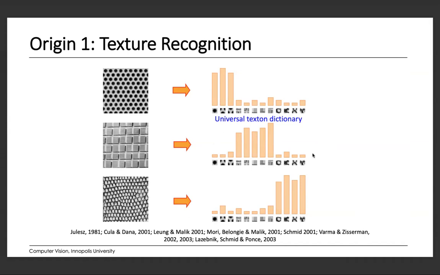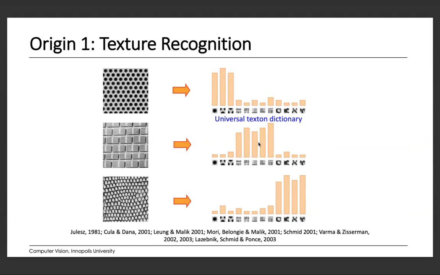So here we can already see that there are different distributions for different types of textures. Or you could consider that these are different objects or different classes, and we can see that there is clearly a different distribution for different types of objects.